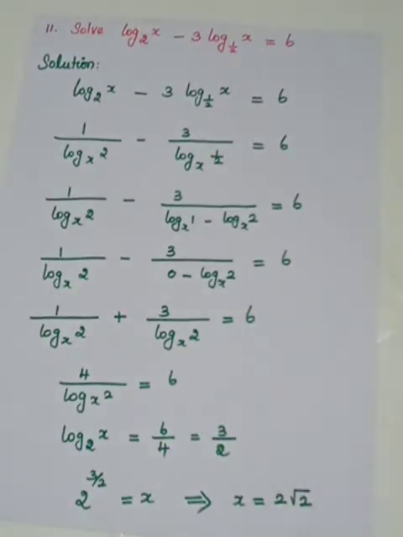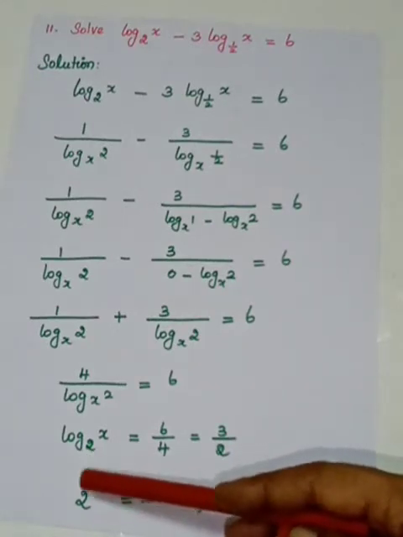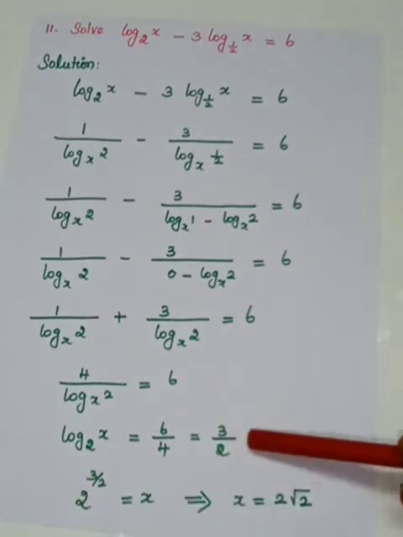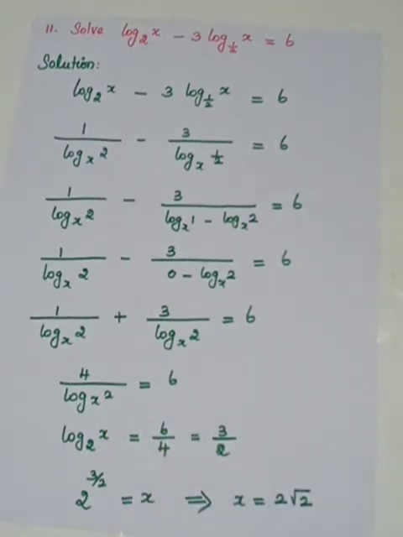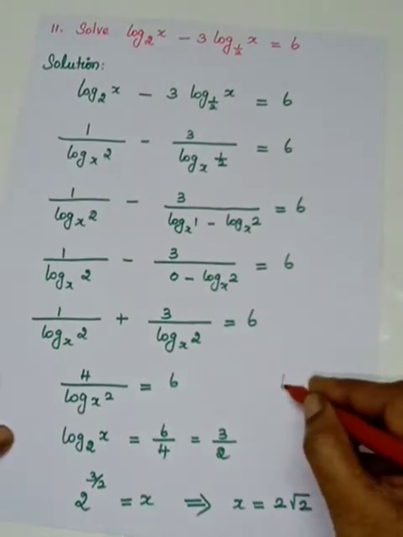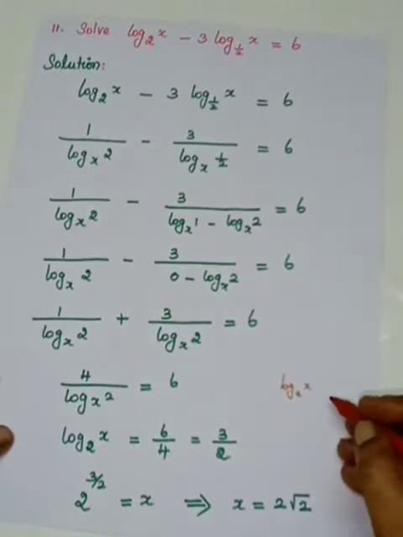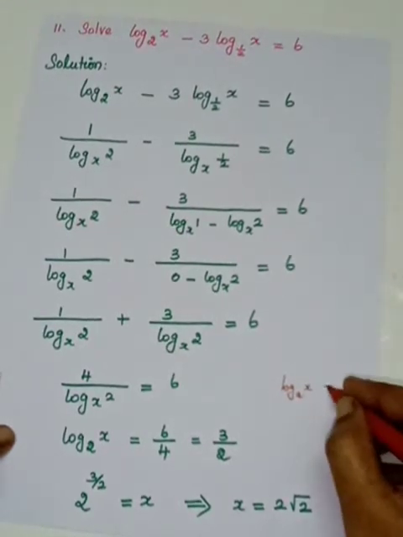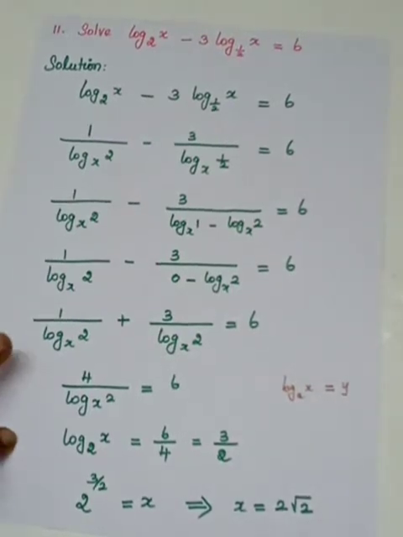Okay, so now you have to use the definition of the exponential and the logarithmic function. Here you see that the base is 2. 2 power 3 by 2 is equal to x. You see, log x to the base a, if you have y, how will it be written in exponential form?